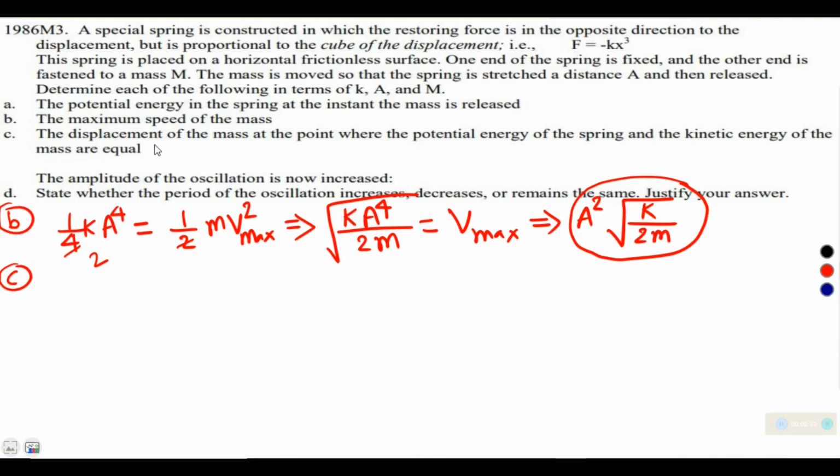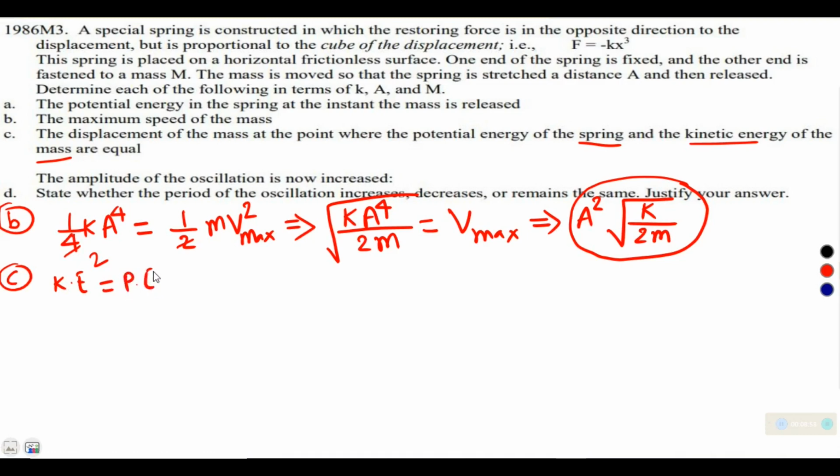The displacement of the mass at the point where the potential energy of the spring and kinetic energy of the mass are equal. See friends, we have to find at what displacement the kinetic energy and potential energy will be equal.